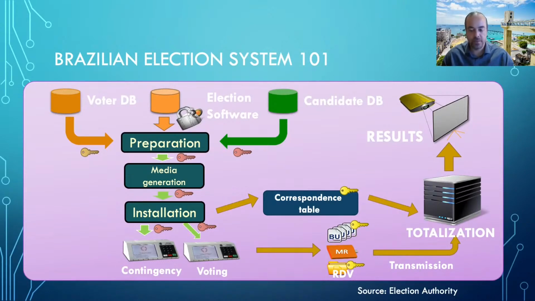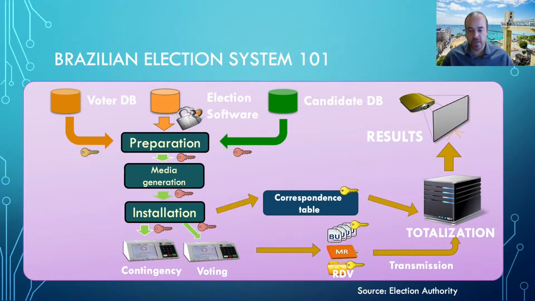This table has the serial number of the voting machine, the serial number of the media, and what voting place it was installed in. This goes to the election authority, and later they can check if that specific ballot produces a result that corresponds to something that was installed before and the rightful place where it is installed. So after the voting process, the ballot produces a result.